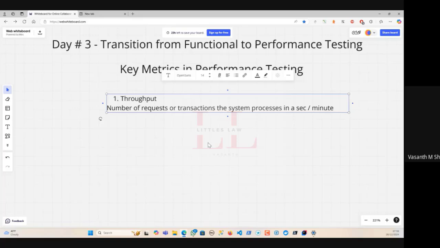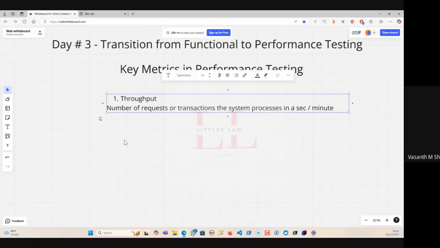They keep on sending the requests, and you should not take too much time for processing them. That's why we are supposed to see the throughput. I'll reiterate: the number of requests or transactions the system processes, it's not sending or receiving, it's processing. The amount of requests that you're processing per minute or per second is the throughput.